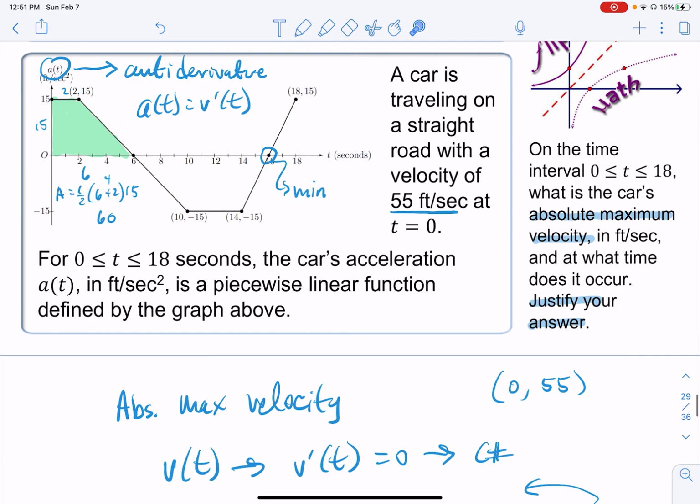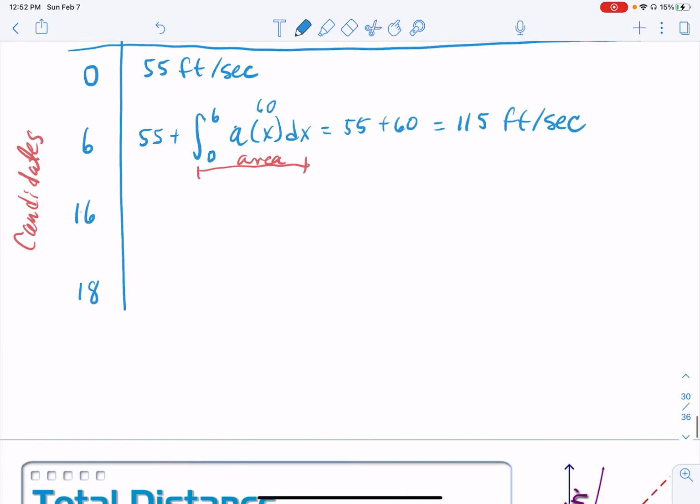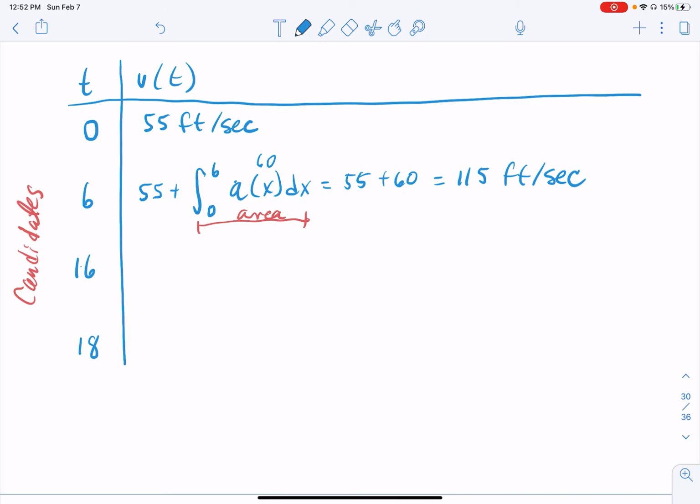I'm going to go ahead and include it though, since it was one of my critical values, in the desire of being thorough here. So this is 55 plus the definite integral from 0 to 16 of a of x dx.